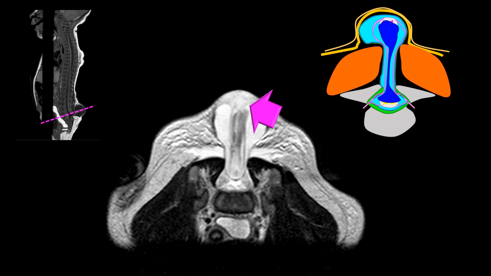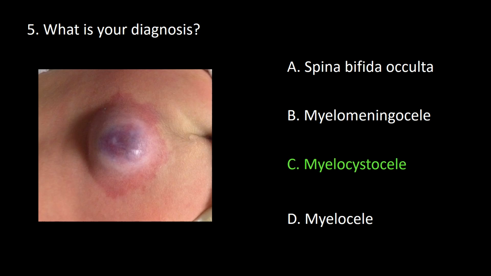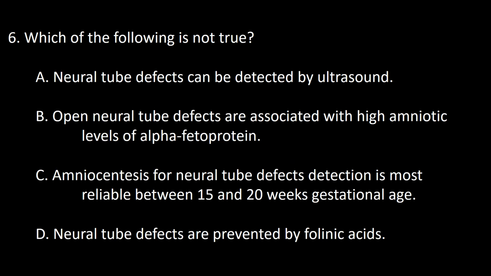Here, the other part of the spinal cord as illustrated here. And here, what you see is the stretched and enlarged central canal as illustrated in the figure. During surgery, a sac forming a continuous structure with the central canal was found, as you can see in this frame. So the answer to this question is C, myelocystocele.